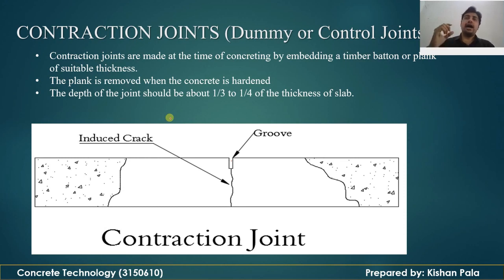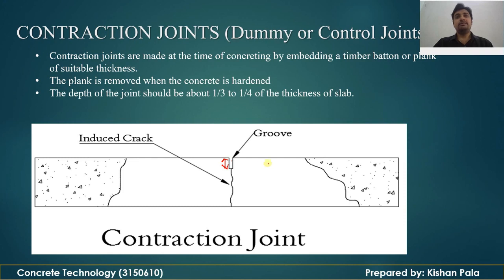What about the height and thickness of the contraction joints? Remember that the height of the contraction joint should be between one third and one fourth of the total thickness of the element.